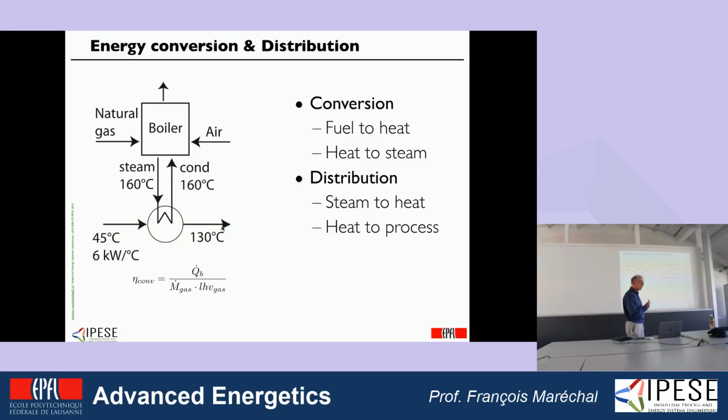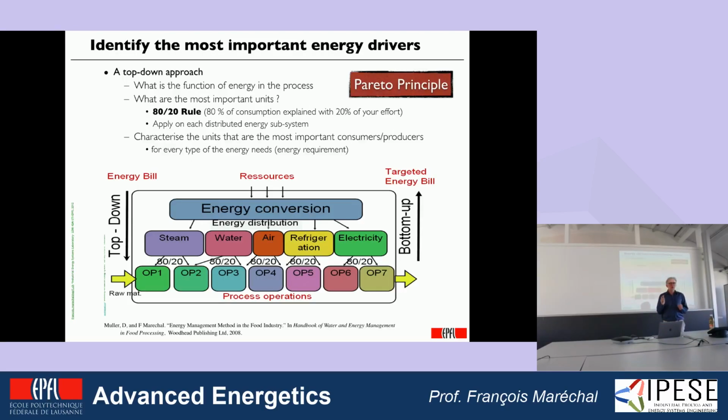Now this can be done with different kinds of vectors. Okay, and what we will do is that we will look at the different vectors that we will have. So we will look at the electricity, the steam, the hot water, the cold water, the refrigerated water, the glycolic water, the compressed air that will be produced from the energy conversion and distributed to the process unit.